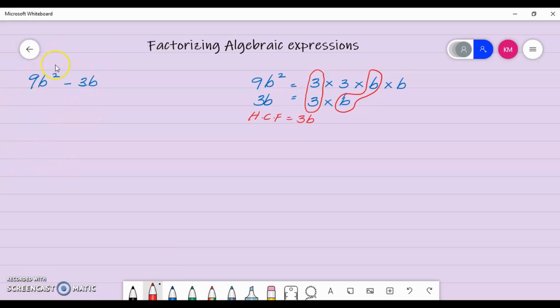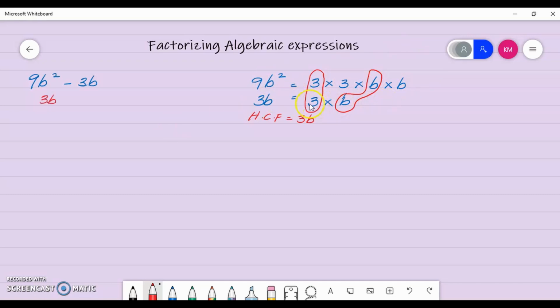So I'm going to divide throughout my expression by 3b. Now if you look here, when I divide 9b squared by 3b, what I am left with is 3b.